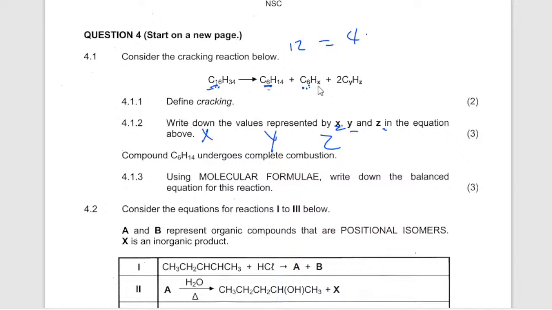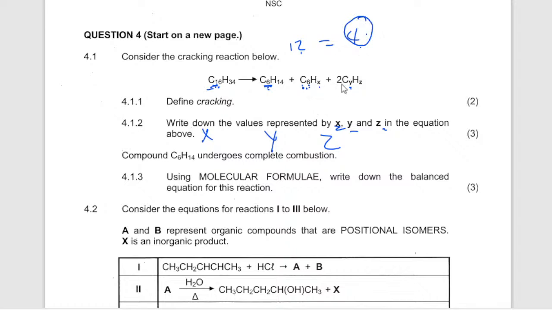Okay, and then Y, and then X. Now you have X. This is 16, and this plus this is 12. So the balance here is going to be 4. So we put the 4 there.